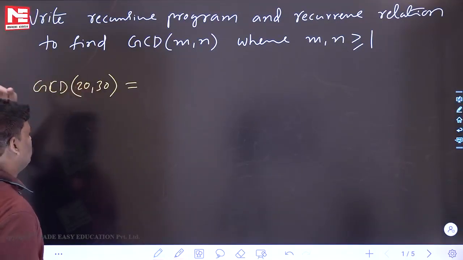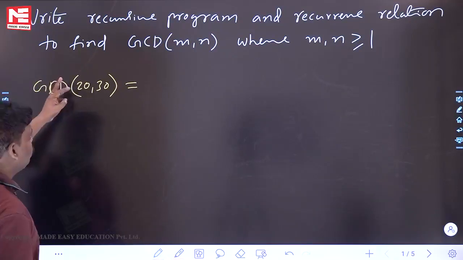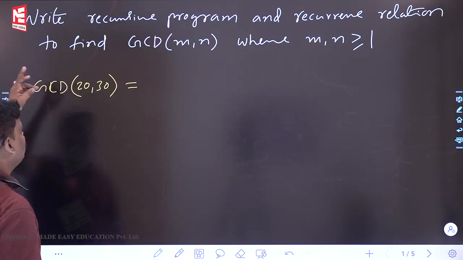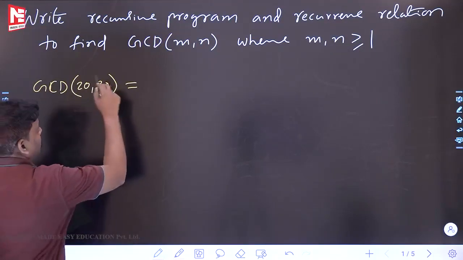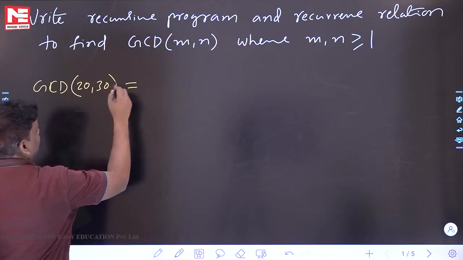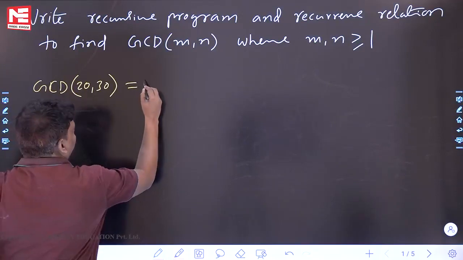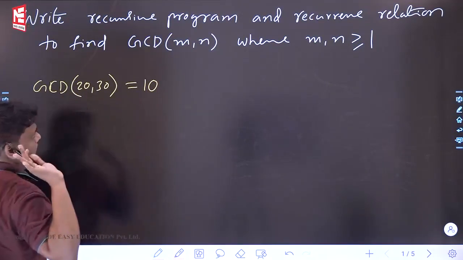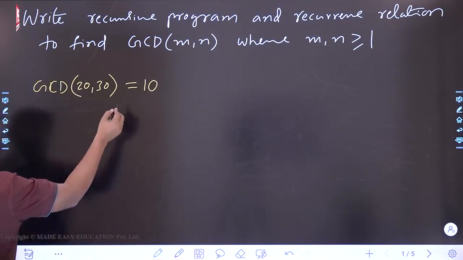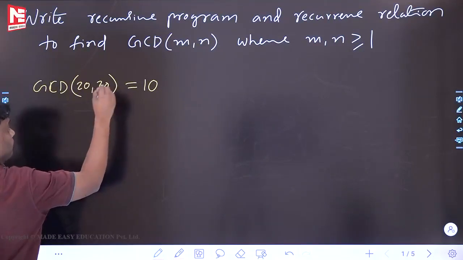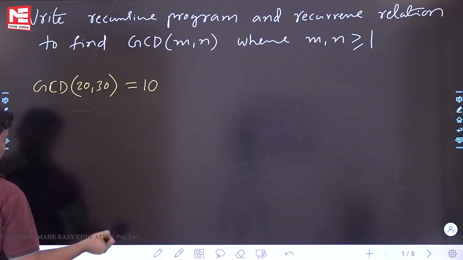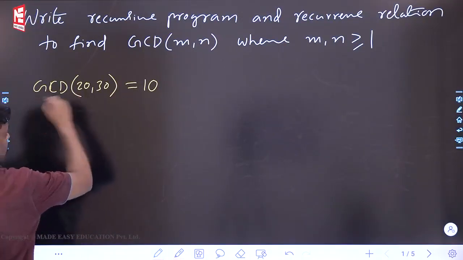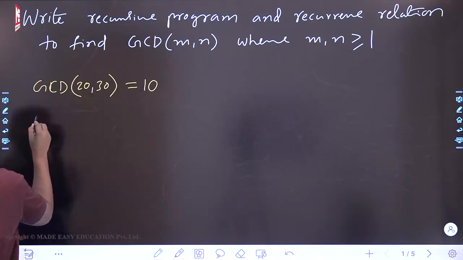Next one I think 2 also, 5 also. Next one is going to be I think 10. The next one would be 20, no. I think the greatest number which can divide both is going to be 10. You know this very well. 10 is the one which will divide both. 5 also divides both, but it is less than 10. 2 also, but the greatest common divisor is 10. Everyone knows.